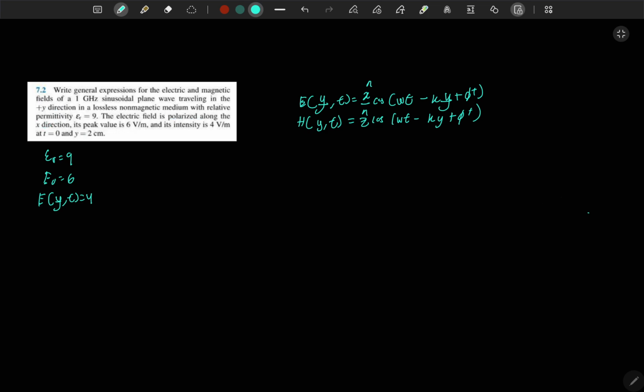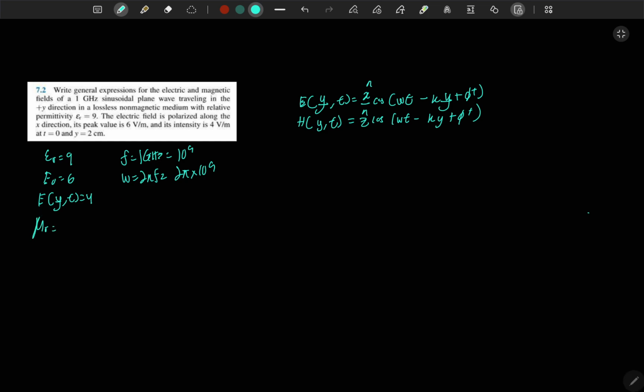Now we have everything that we need. We have f as 1 gigahertz, which is equivalent to 10 to the power of 9. Then we need to find the angular frequency, which is 2 pi times 10 to the power of 9. Then we need to find lambda. But before that, we have certain things to know.